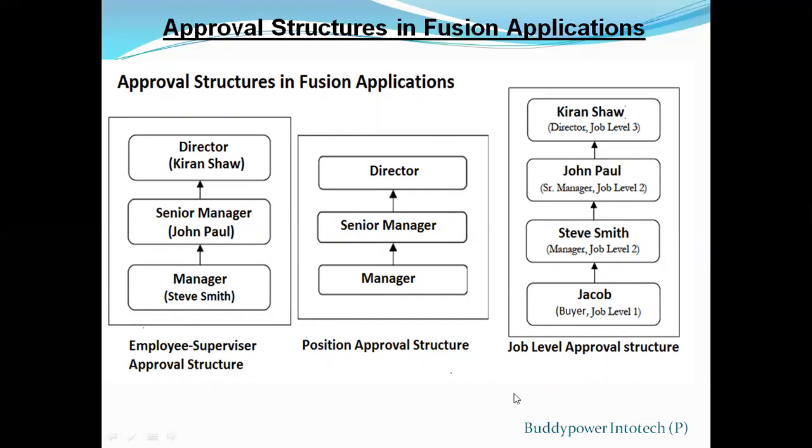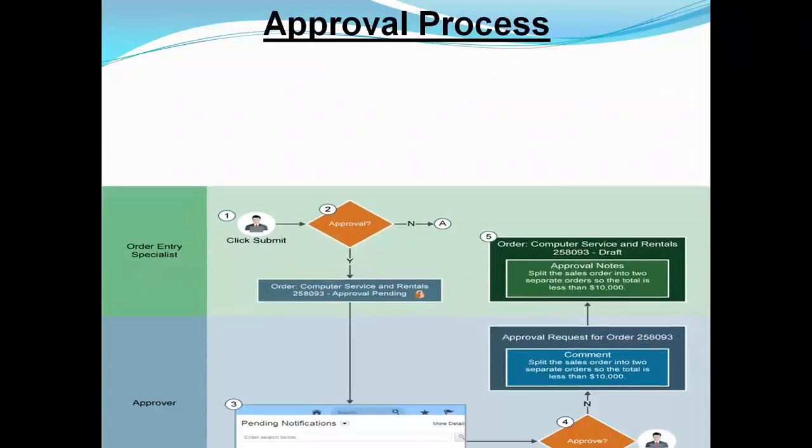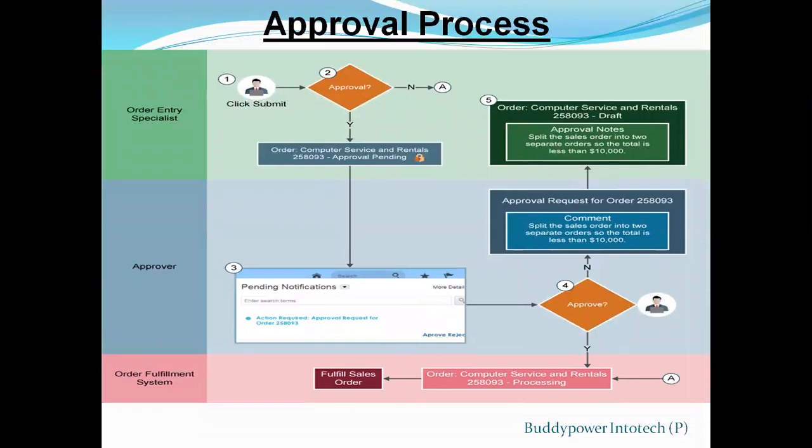Now moving ahead, let me show you an example of how the process works. See, in this scenario, say you have a sales order that should not exceed $10,000, and your order administrator has established a rule saying that if the sales order exceeds $10,000, you have to get an approval.